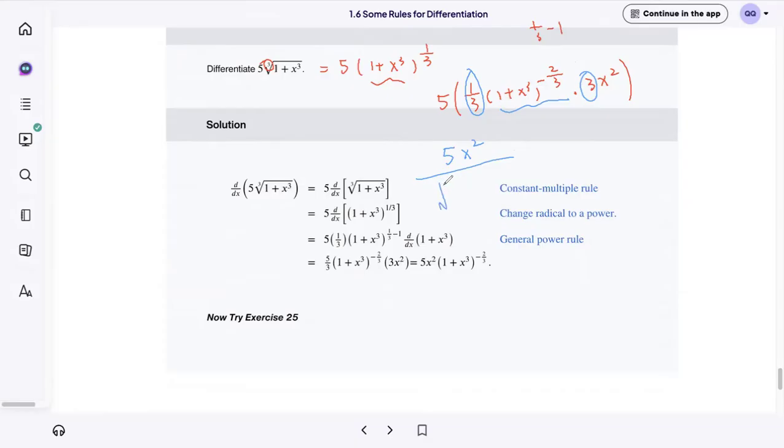That's a cubic root. So the denominator in the exponent is 3, and 1 plus x cubed is being squared. So with a fractional exponent, the top means power and the denominator means index.